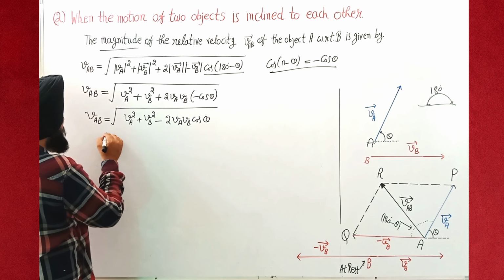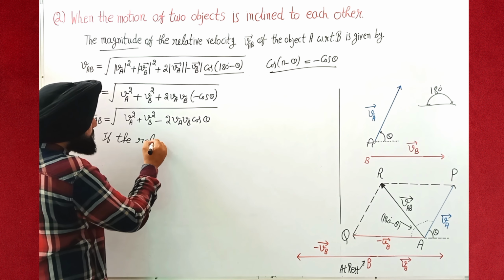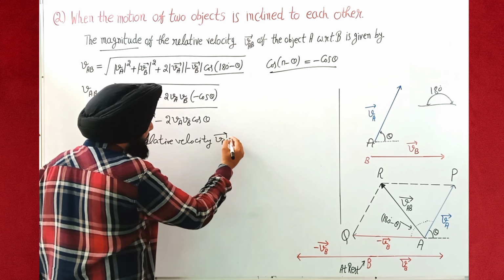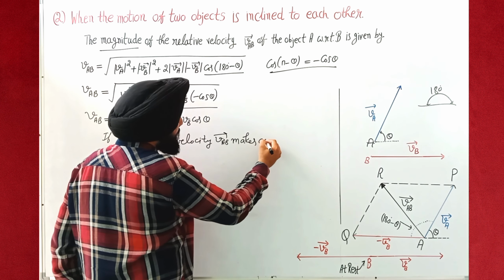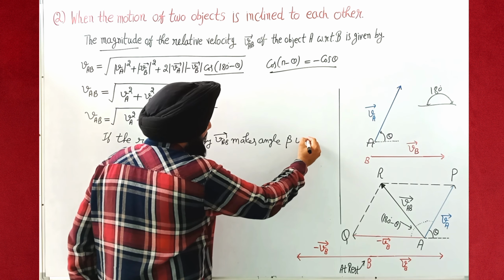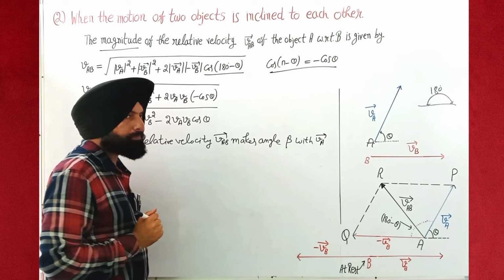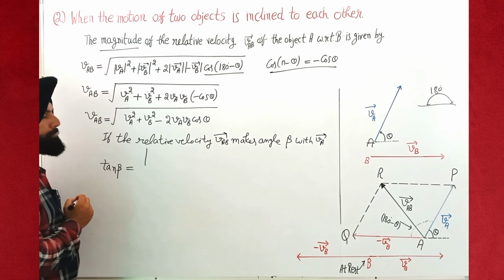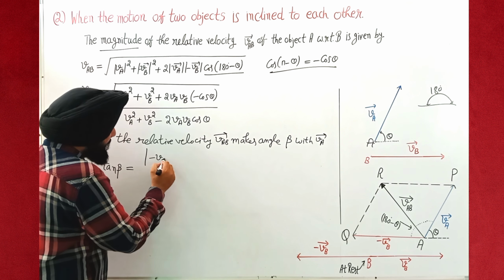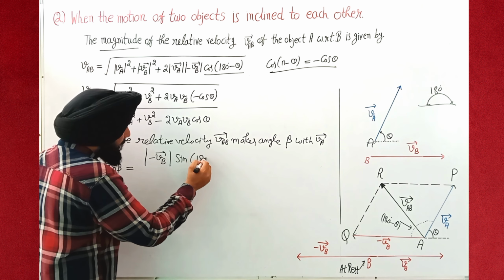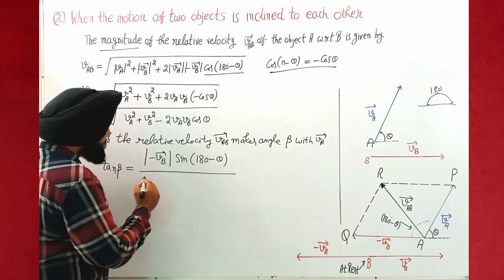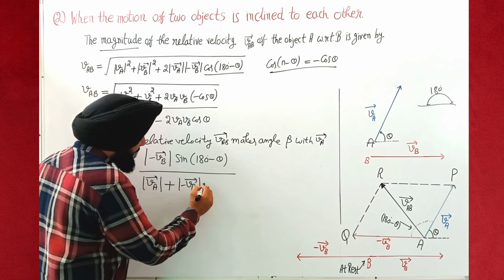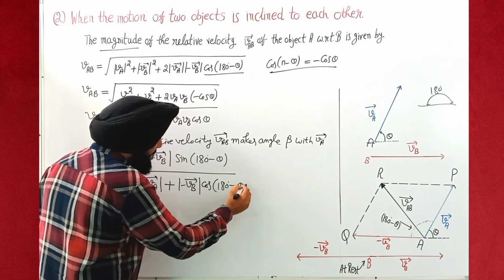Now students, if the relative velocity V_AB vector makes angle beta with the V_A vector, then tan beta equals mod of minus V_B vector sine 180 degrees minus theta over V_A vector plus minus V_B vector cos 180 degrees minus theta.